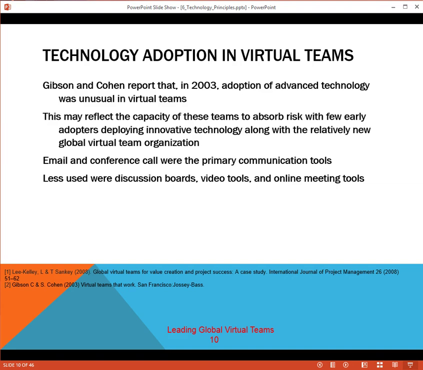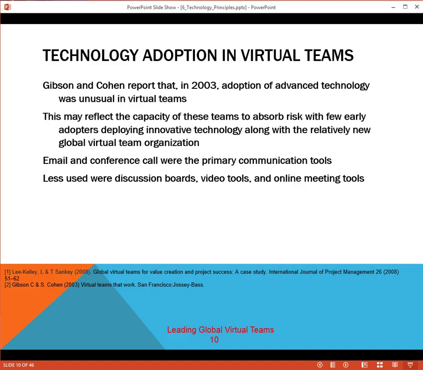Gibson and Cohen found back in 2003 that email and conference call were the primary communication tools. Less used were discussion boards, video tools, and online meeting tools. If we think of perceived risk for the adoption of innovative technology back in 2003, in the case of virtual teams, this risk is higher because it is really the additive impact of two factors.